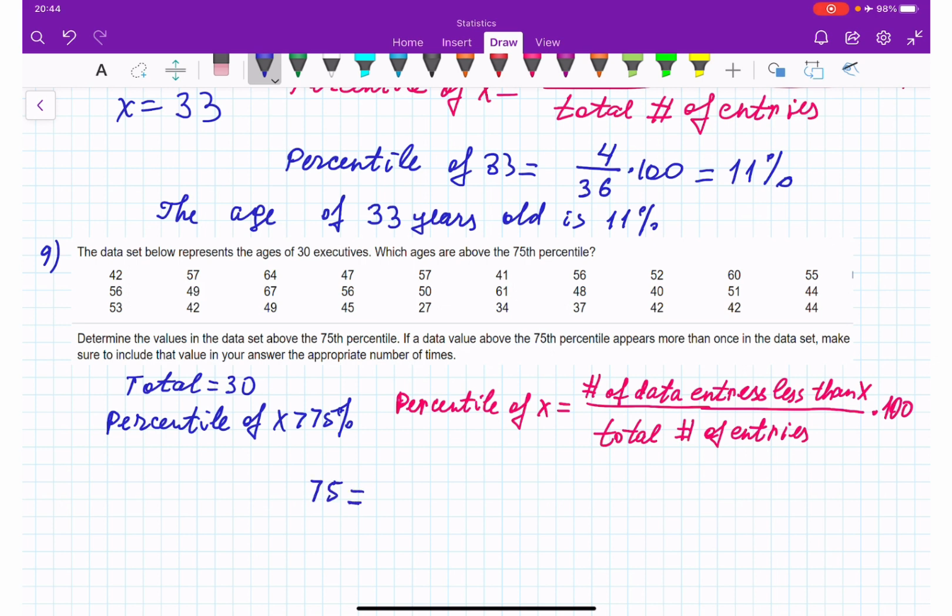So we need to find the values of the data set above 75.